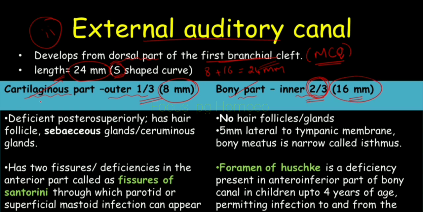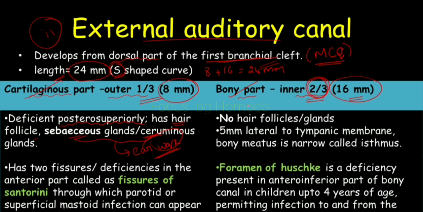In the cartilaginous part, there is a deficiency in the posterior superior area, and we have hair follicles, sebaceous glands and ceruminous glands, where the sebum is secreted and sometimes accumulates, which is called earwax. It is our most common clinical condition.